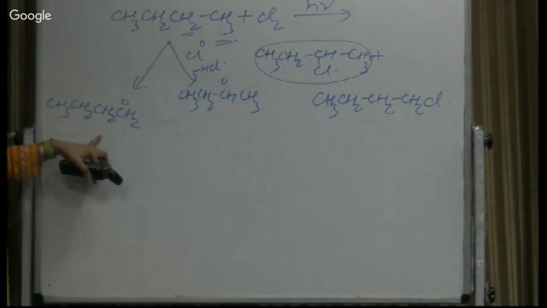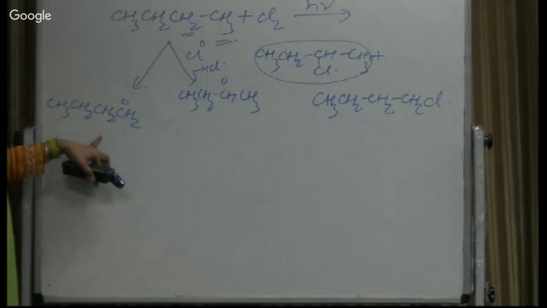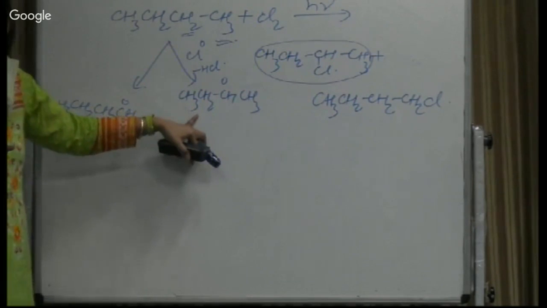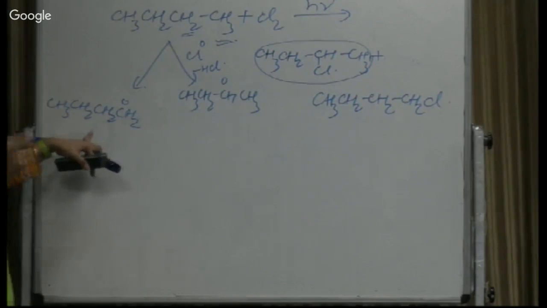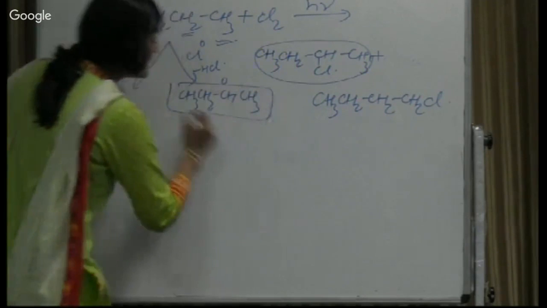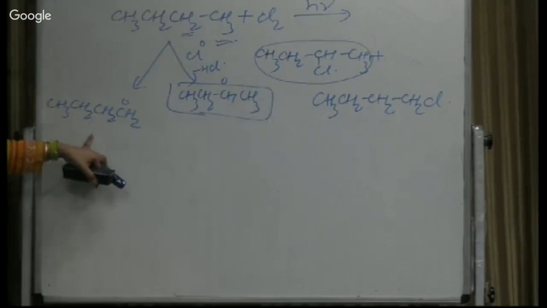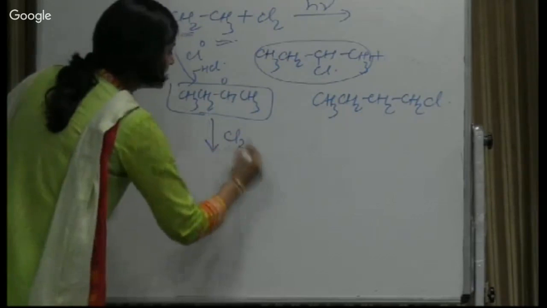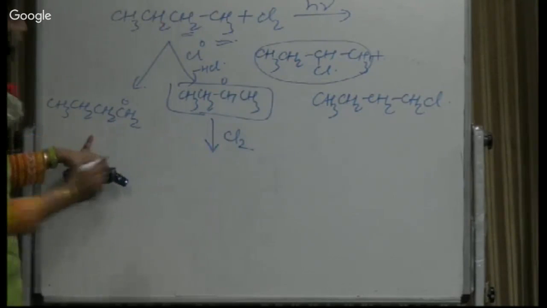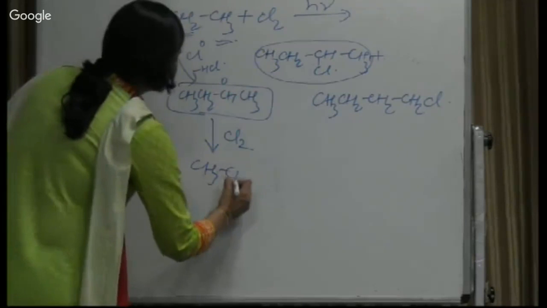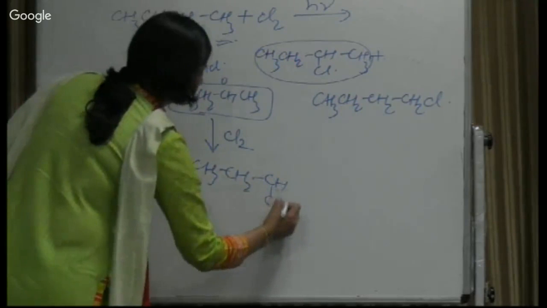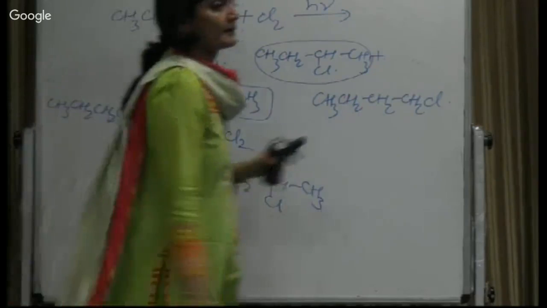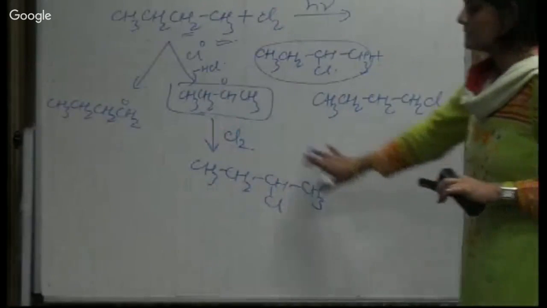The secondary free radical is more stable than the primary free radical, you know, because of hyperconjugation. Because of hyperconjugation, the secondary free radical is more stable than the primary free radical. So this will be the preferable intermediate being formed. So then this will further react with chlorine and you will get this as the major product.